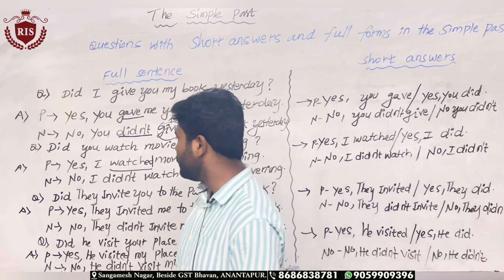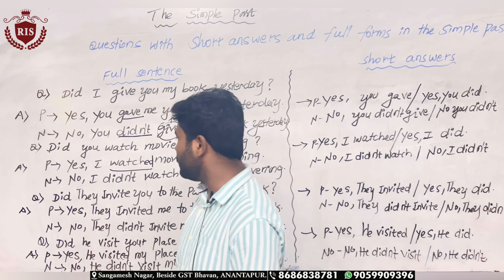Next, what is the affirmative sentence of that particular question? Now let us see. The affirmative sentences always start with yes if the question is a yes or no statement question.